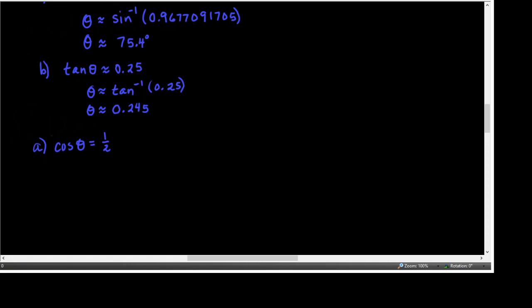If the cosine or sine or cosecant or whatever of theta is equal to one of our frequently seen values, like 1/2 is in that set of values, then I would expect that you can find this one without the use of a calculator. So when I see cosine of theta equals 1/2, no calculator. If I see tangent of theta is square root of 3, no calculator. So kind of familiarize yourself with those values so that you can tell when I would expect you to do this without a calculator.